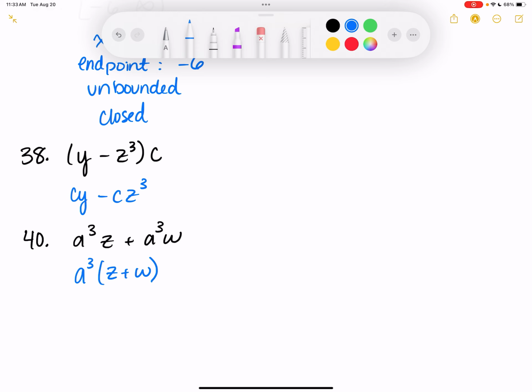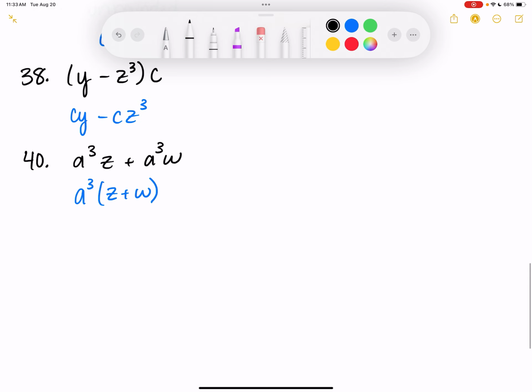Okay, simplify the expression. Assume that the variables in the denominators are non-zero. 48. On the top, we have in parentheses 3x squared, close the parentheses, that whole thing is squared. Y to the fourth over 3y squared. So what do I need to do first with this one?